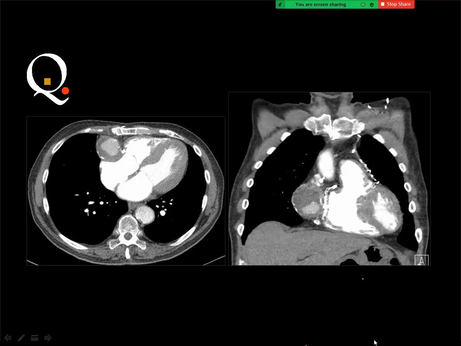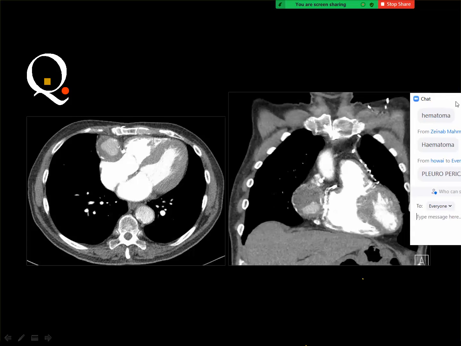Then this is a spot diagnosis case. This patient is a candidate for coronary bypass surgery, and he presented by chest pain and the CT scan showed this lesion. This is not, of course, a cyst. No, it's not a cyst. Thrombus, dermoid?